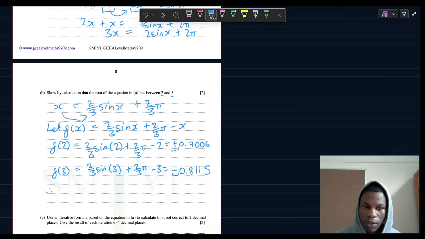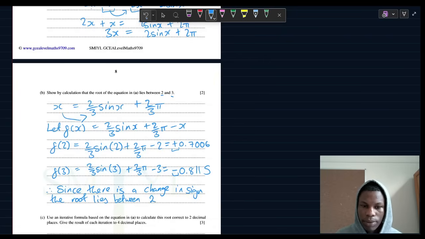So we can conclude that, since there is a change in sign, this conclusion is important, by the way. If you don't write this conclusion, you don't get the final mark. Since there is a change in sign, a root lies between 2 and 3.